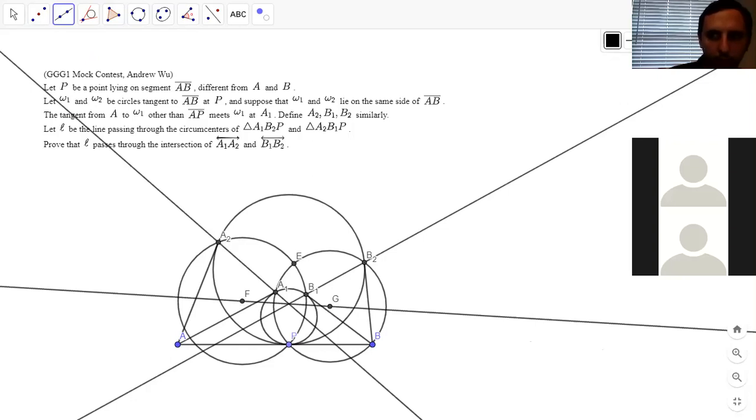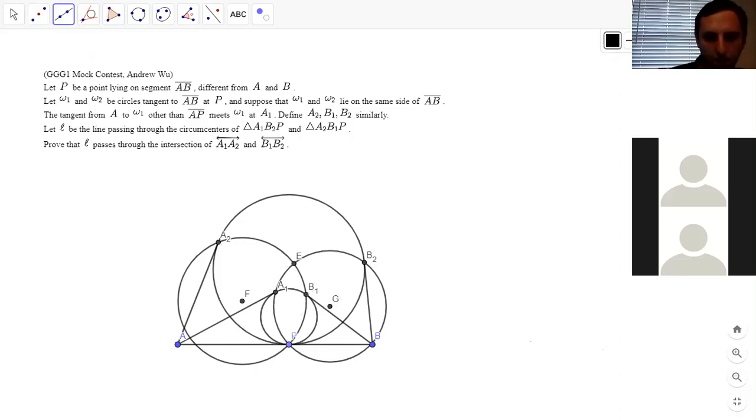Interesting. So is maybe Desargues a way to do it? I'm not sure.